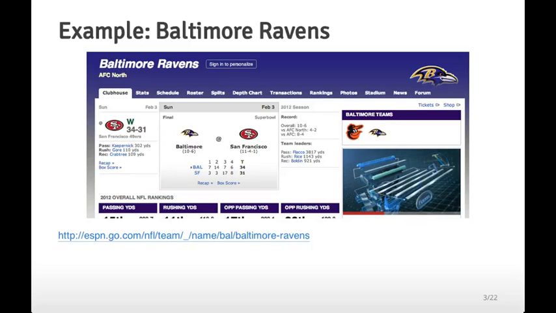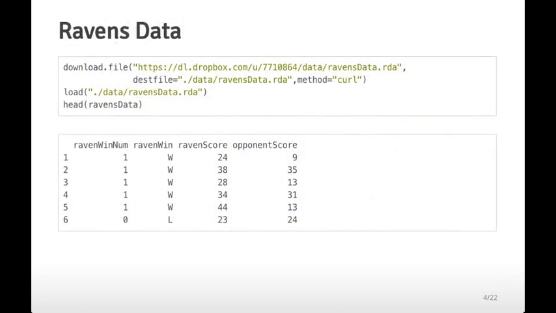The example that we're going to use, in light of the recent victory by the Baltimore Ravens in the Super Bowl, is some data on the Baltimore Ravens over the past year in their schedule. I've collected some data from the Ravens season, and that data is available here. I download it and load it into R. I have four different variables here.